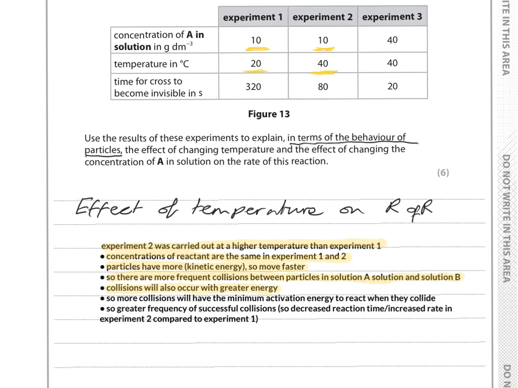And in fact, doubling the temperature has the effect of quadrupling the rate of reaction because the time is decreased by a factor of 4. So in summary, experiment 2 goes 4 times as fast as experiment 1 when the temperature is doubled, because you get more energetic collisions, you get more frequent collisions, therefore you're going to have more particles with greater than the activation energy, and the reaction will go faster.